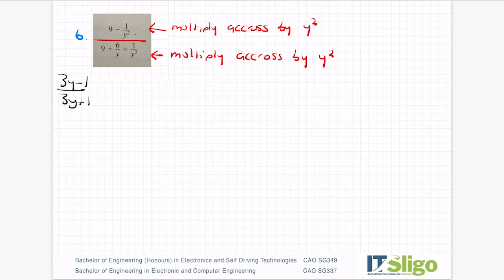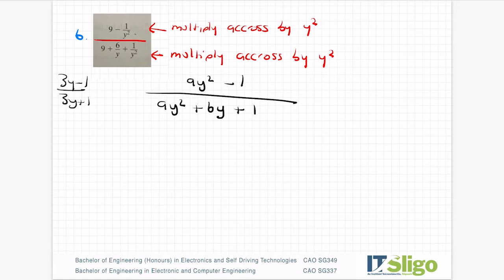So what happens when I multiply across by y squared? Well, 9 by y squared gives me 9y squared. Minus 1 over y squared by y squared gives me minus 1. And then on the bottom, 9 by y squared gives me 9y squared. 6 over y by y squared gives me 6y. 1 over y squared by y squared gives me 1.